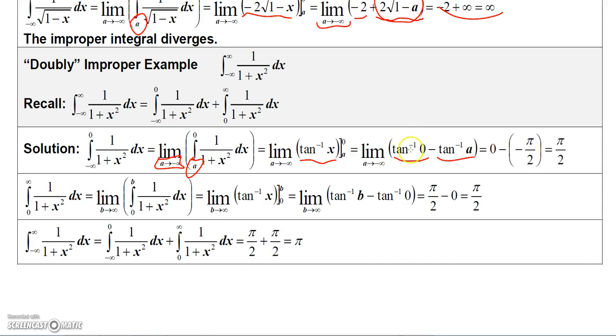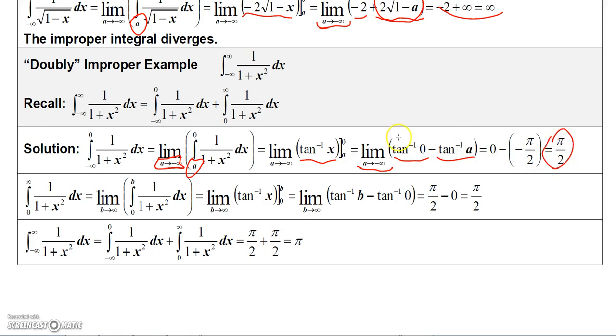The arctan of 0 would be 0, and as a goes to negative infinity, the arctan of negative infinity is negative pi over 2. So this is going to be 0 minus negative pi over 2, which is positive pi over 2.